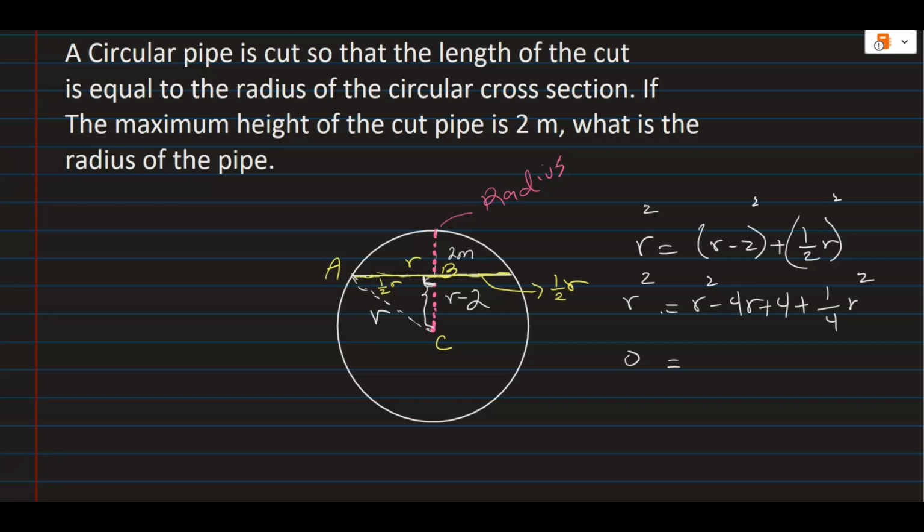And then I'm going to rewrite this using the descending order of the polynomial, so that becomes 1/4 r squared minus 4r plus 4. And because we have this fraction in front, I'm going to multiply everything by 4. And the new equation will be 0 equals r squared minus 16r plus 16.